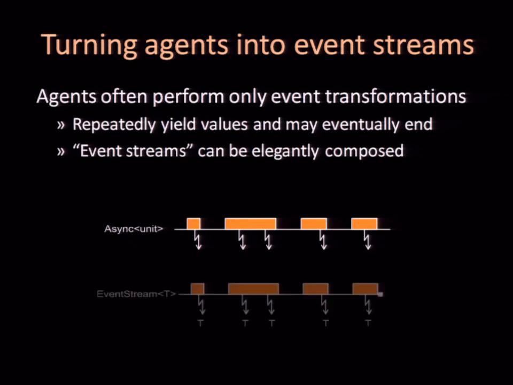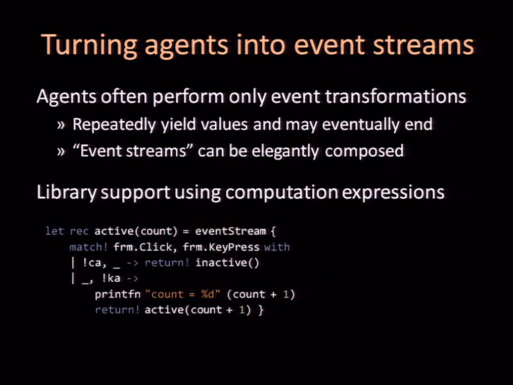But very often you don't want to do something with the world. You can have agents that just wait for some events and return some event as well. So like you can have a filtering agent that takes an event as an input, gives you an event as an output, and triggers the returned event only when the value matches some predicate.